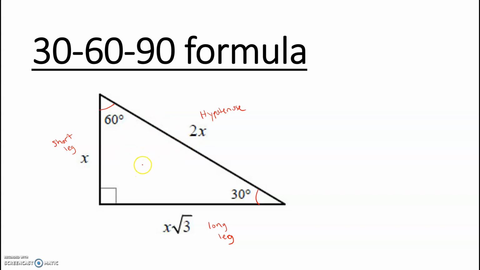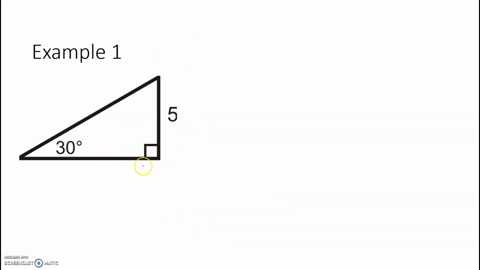And we're always going to start by marking our formula in the picture. So we know this is a 30, 60, 90, so we're going to use our formula. Across from the 30 is your short leg. That's x. Across from the 60 is your long leg. That is x root 3.